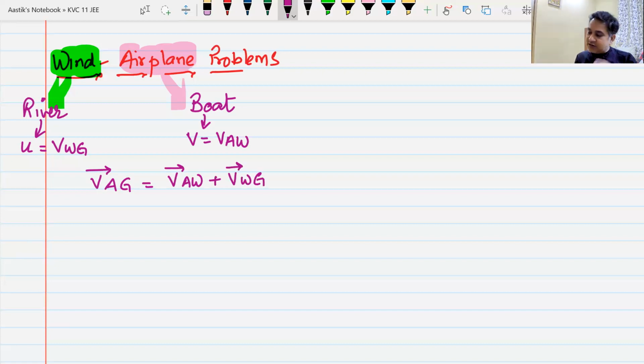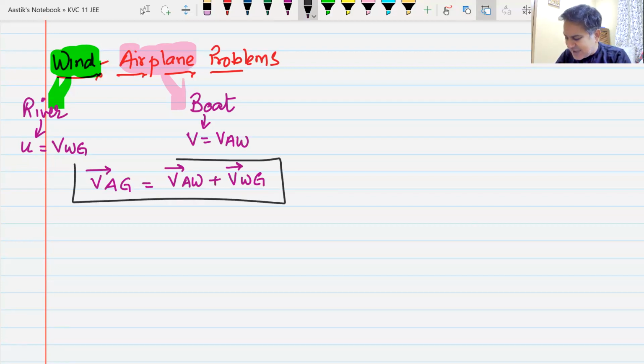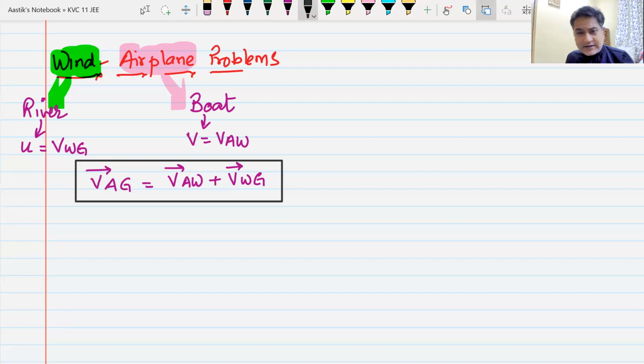Yes or no? This has gone above our head, saying bye bye, I'm going, don't worry. So these problems are exactly similar. The problem that I can make for wind and airplane, if I just replace wind by river and airplane by boat, the problem is exactly similar. Do we understand this? Yes or no?